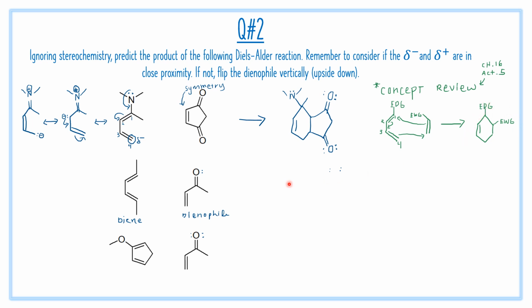So on to our next pair of molecules. Notice that this one is symmetrical, draw a line down here. It doesn't matter whether you use this carbon or this carbon.